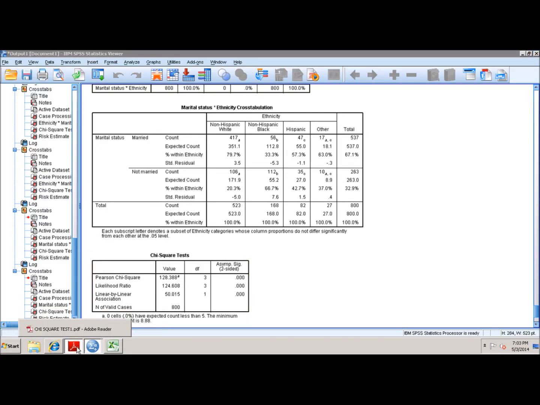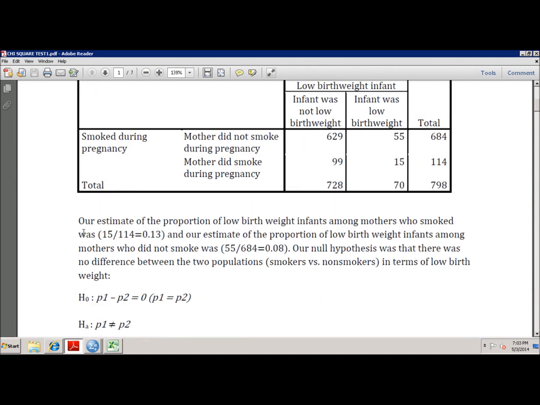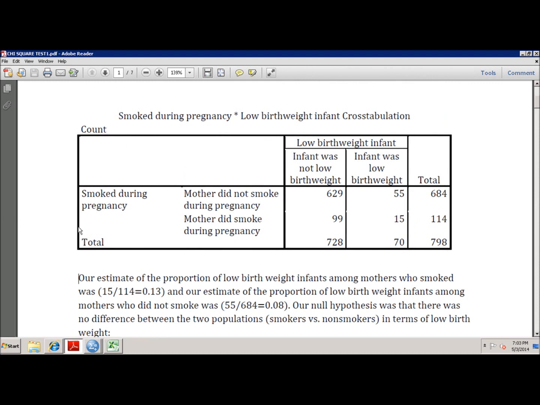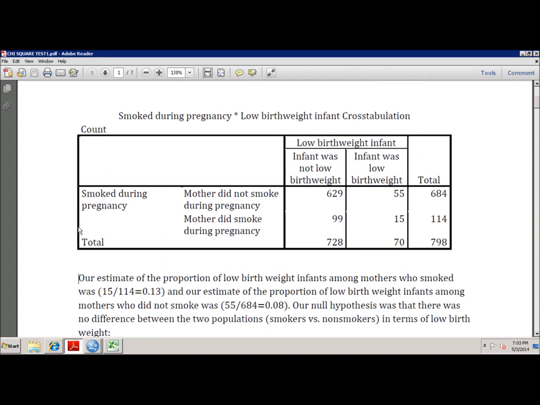So what we've done now, we started with a 2x2 table. We saw how to calculate an odds ratio. We saw how to interpret the 95% confidence interval for an odds ratio. We also saw how to analyze a 2x2 table simply doing a test of proportions. So that is an absolute measure of effect. The odds ratio is a relative measure of effect.